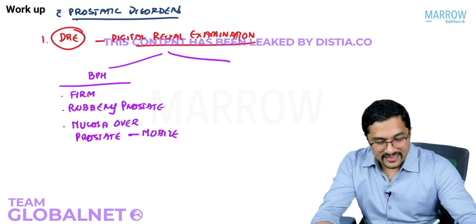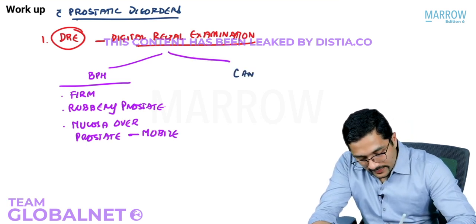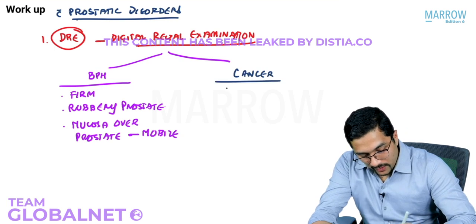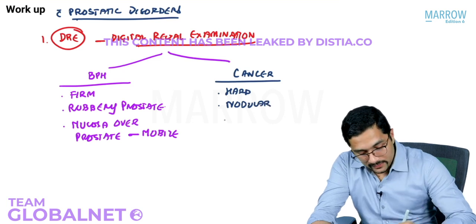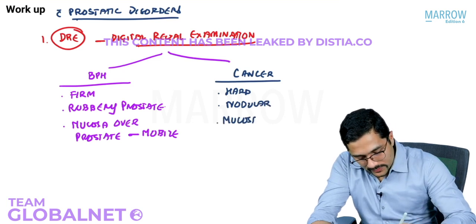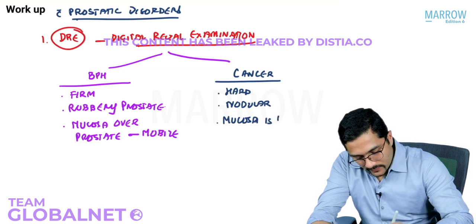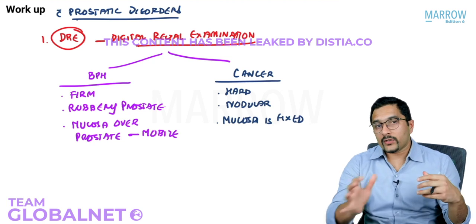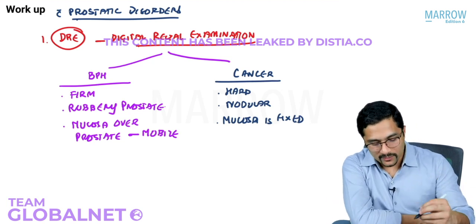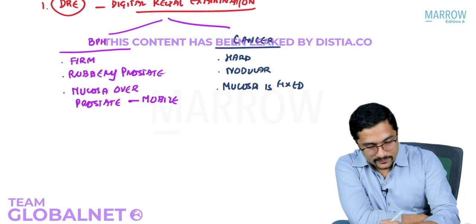Whereas if you're suspecting cancer, then in cancer, it is going to be a hard nodular prostate, and mucosa overlying the prostate is fixed. So this is the first indicator with which you can know whether you're dealing with BPH or prostatic cancer.